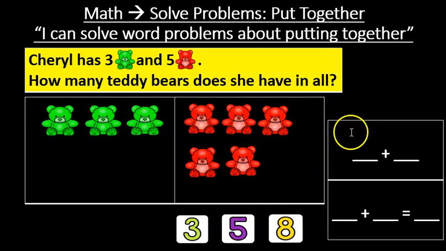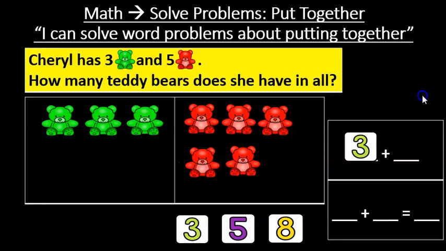Now we have to come over here and start putting in numbers, okay? Now, we're going to start right here. Now look at the pictures now of the teddy bears. Boys and girls, how many green teddy bears are there? Just the green. 3. Good job. So we're going to have to put 3 here, okay?